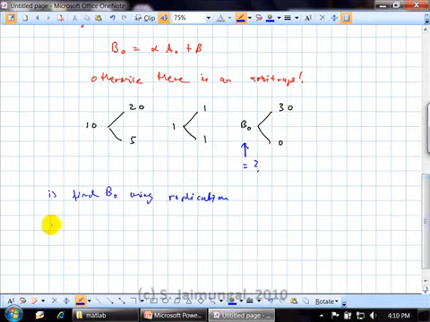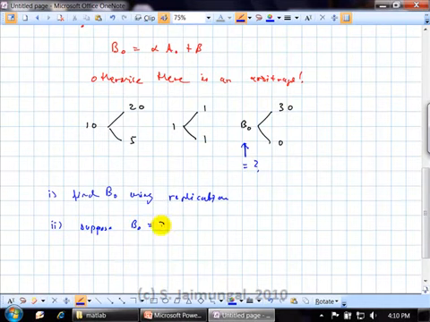And part 2, suppose B0 was 25. Construct an arbitrage.